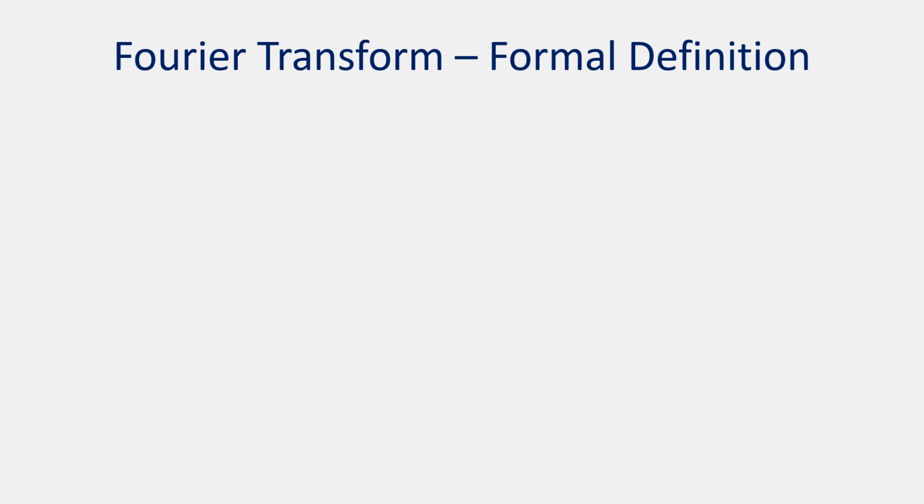So what's a formal definition of this object which I'm calling the Fourier transform? So we're given a complex vector, something like this. For reasons which I hope will become clear, we're going to start indexing the components in that vector from 0, not from 1 as we've been doing so far.